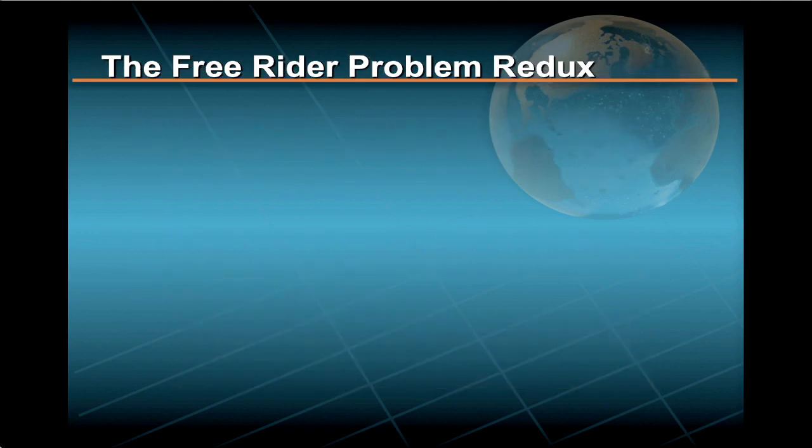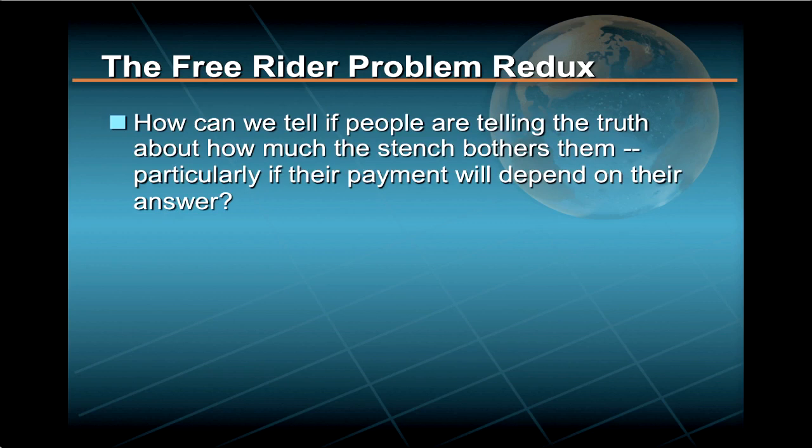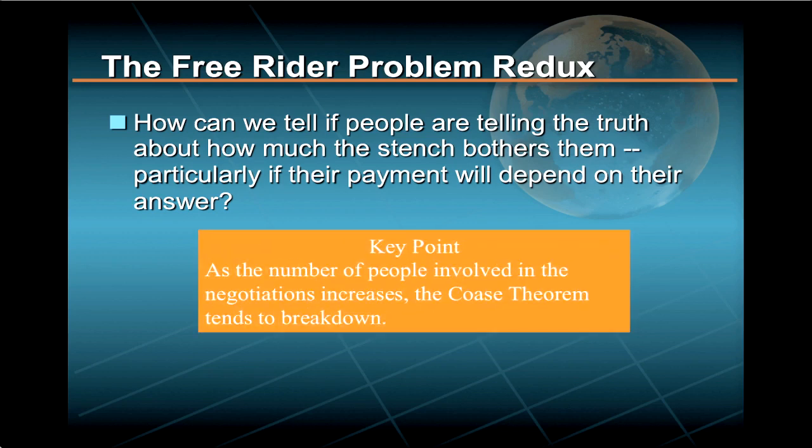And recalling our old friend, the free rider problem that plagues the provision of public goods, how can we tell if people are telling the truth about how much the stench bothers them, particularly if their payment will depend on their answer? From these questions, you can see that as the number of people involved in the negotiations increases, the Coase Theorem tends to break down.